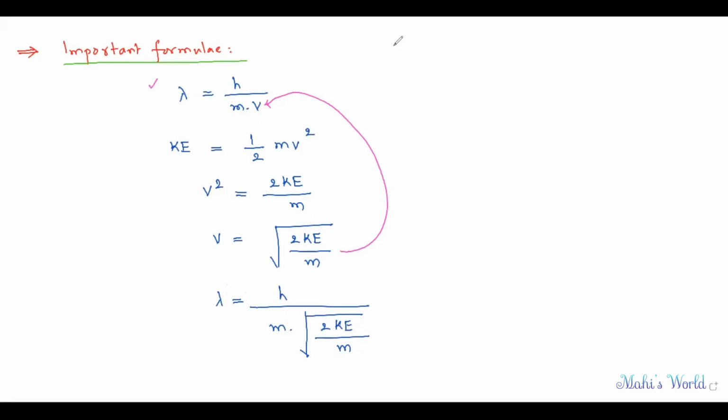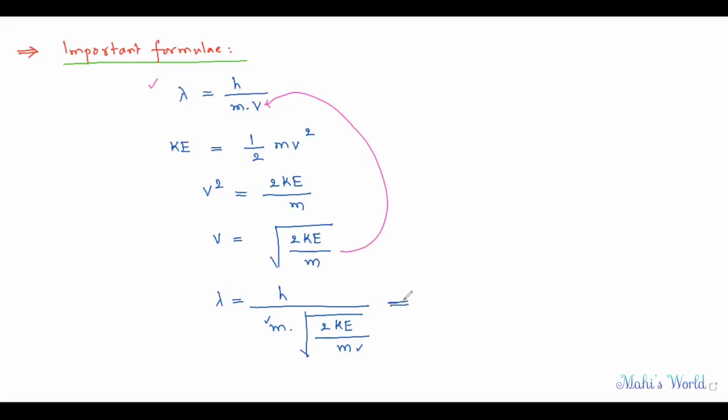Now on simplifying this, of course, this is root m and this is normal m, in the sense root m into root m. So one root m gets cancelled and another root m can be written as this.